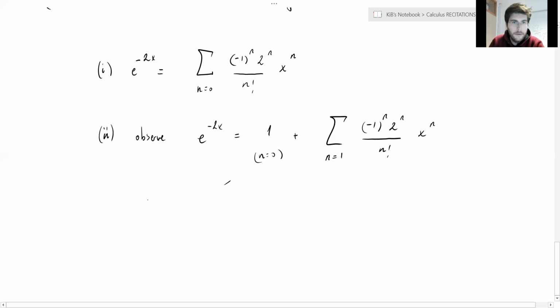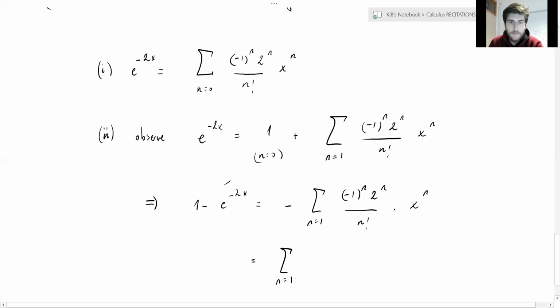And therefore, what does it tell us? 1 minus e to the minus 2x is exactly this term, so minus the sum from n starting from 1 of minus 1 to the n, 2 to the n, divided by n factorial times x to the n. And if you want, just get rid of this minus. This is exactly minus 1 to the n plus 1 times 2 to the n, divided by n factorial times x to the n.